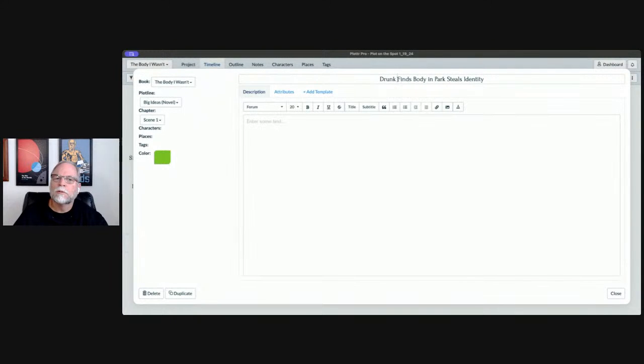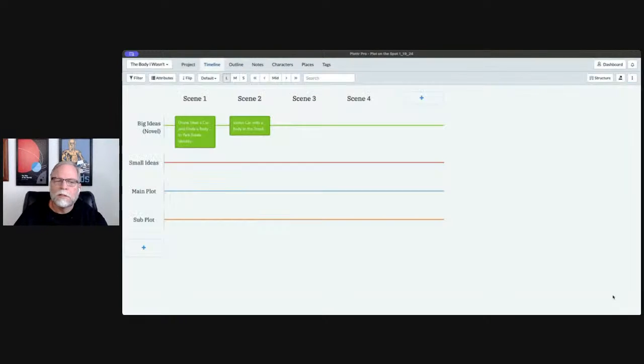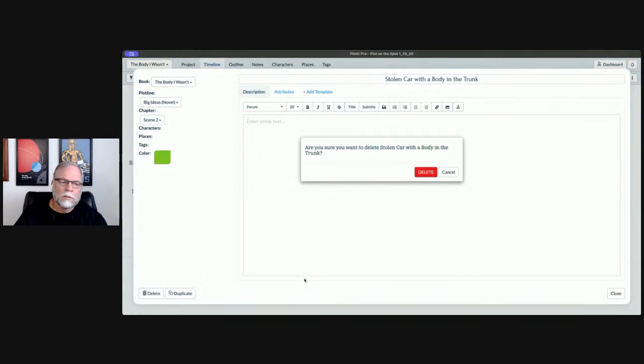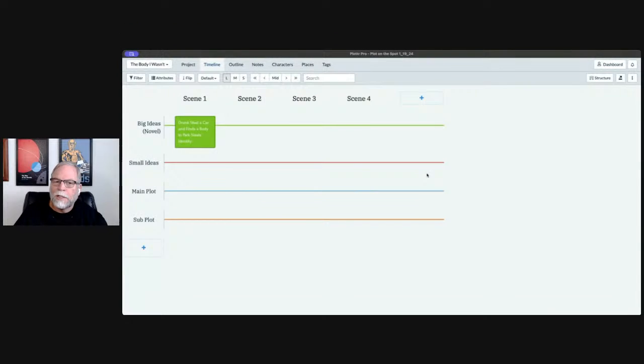The drunk is going to steal a car and find a body in the trunk and then steal the identity of that body. Okay, so now we can delete this one as well. So that's our big idea. That's kind of our premise of our story.